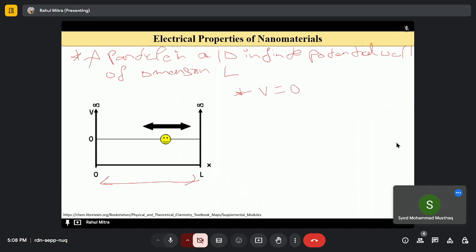V is equal to 0 under the condition 0 less than x less than L, and V equals infinity if x is less than 0 or x is greater than L. These are very basic assumptions, and we assume the walls have an infinite potential energy to ensure that the particle has 0 probability.